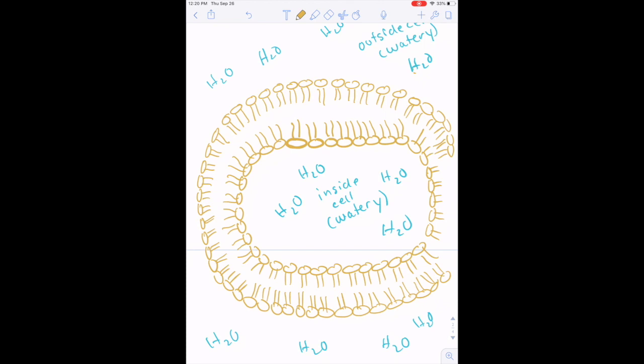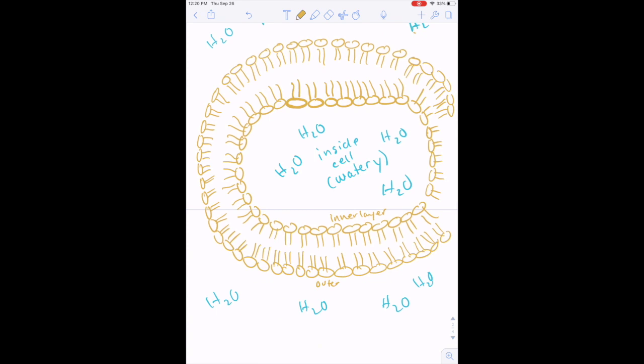Anyhow, what happens is that you have an inner layer of phospholipids and an outer layer of phospholipids. What we call the cell membrane is what we call a phospholipid bilayer.